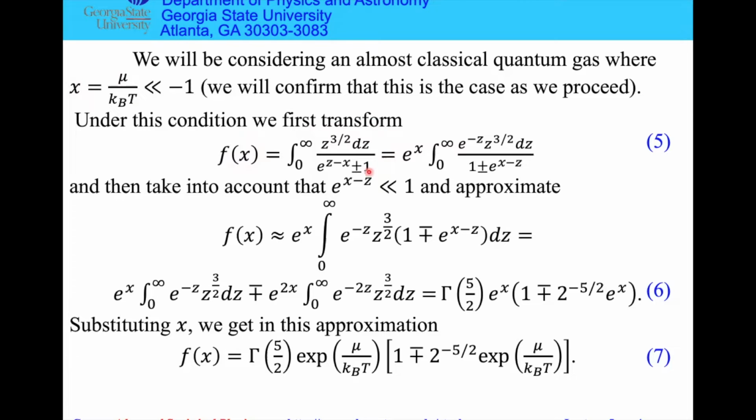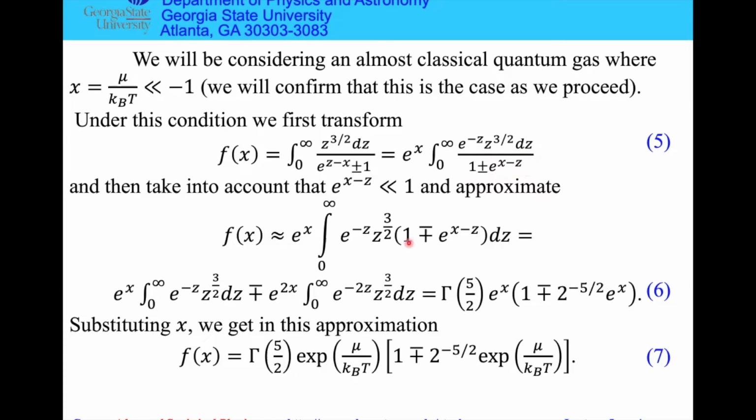Let us evaluate this function f of x. Again, I repeat its definition. What I will do is multiply numerator and denominator by an exponential with the opposite exponent. So this will become 1, and this opposite exponent will appear here: instead of 1 there will be e to the power of x minus z. The integral runs only over z, so e to the power of x can be taken outside. And then this is a small quantity. Why? Because z is positive and x is negative, so this exponent is large and negative, and the exponential is very, very small.